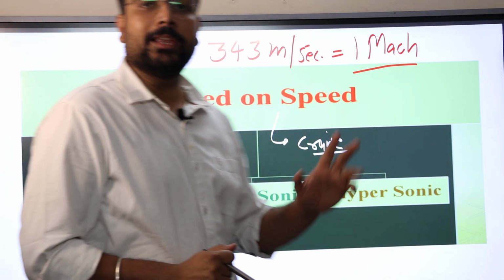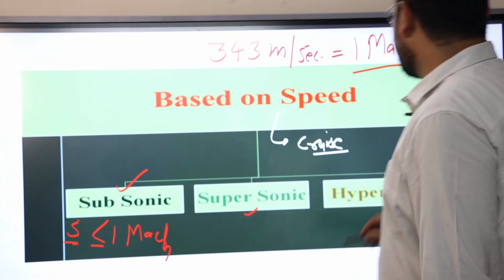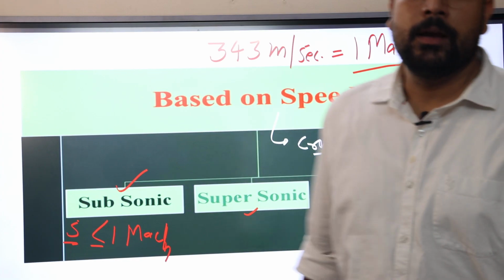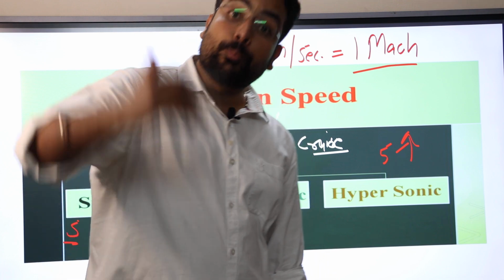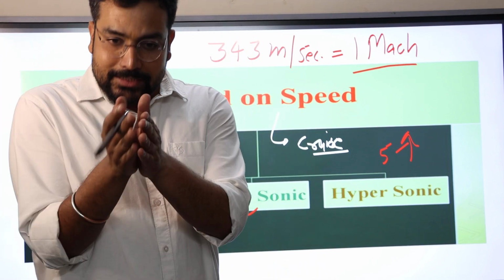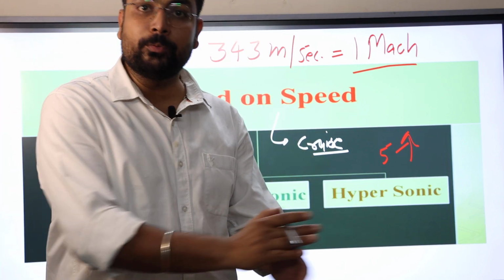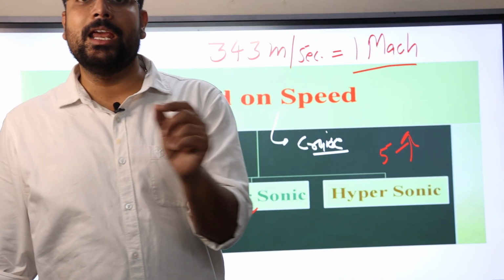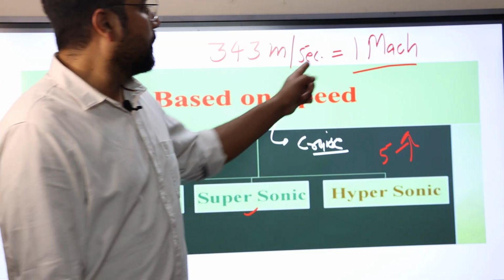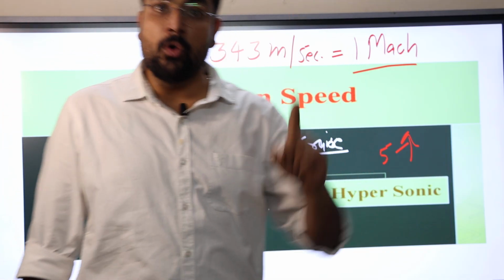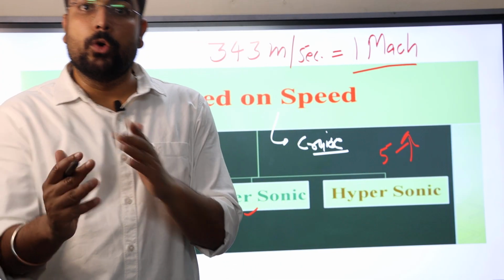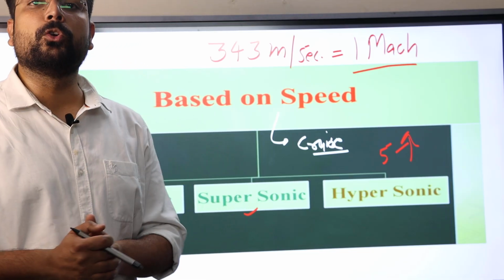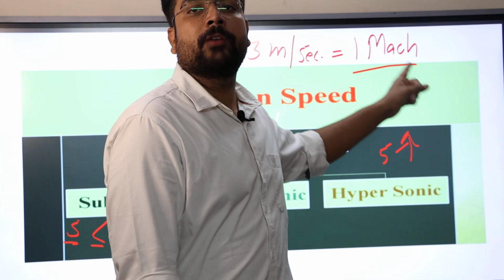And the last but not the least, if the speed of the missile is 5 Mach or more, then such missiles are known as hypersonic missiles. So these are the 3 categories for cruise missiles based on the speed of sound in air, which is 343 meter per second, also known as 1 Mach. Here we compare the speed of cruise missiles with the help of this 1 Mach formula.